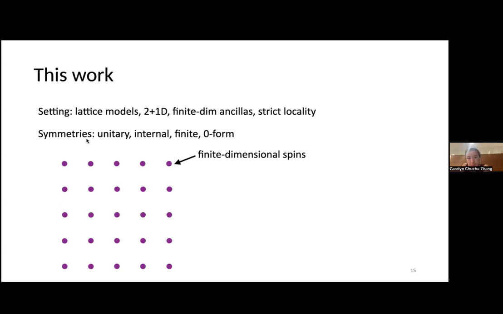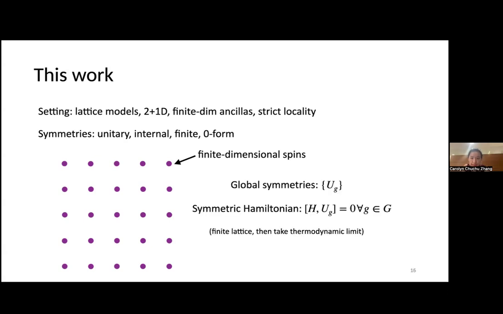The symmetries that we're going to consider are the most vanilla type of symmetry. They're unitary, they're internal, they're finite, and they're zero form, meaning they act on all of space. And their charged operators are local operators. So what we're going to consider are global symmetries, a set of unitary operators acting on this Hilbert space.